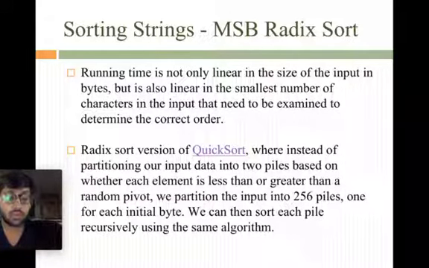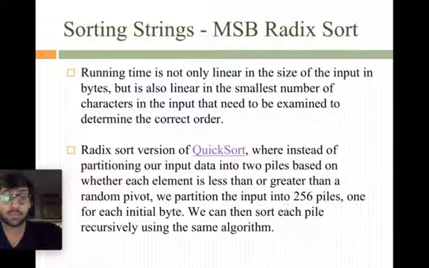One more method of MSB radix sort is the in-place MSB radix sort, which is also called binary sorting. Say we have the initial array, and I want to place two boundaries.